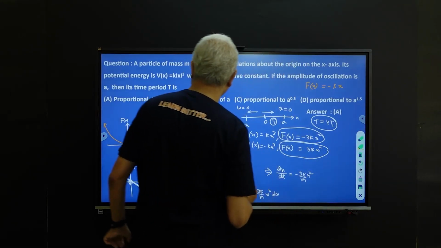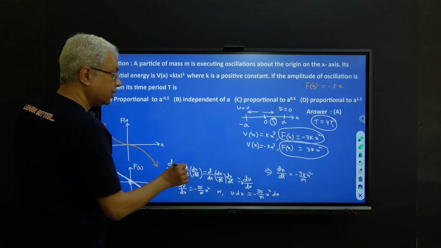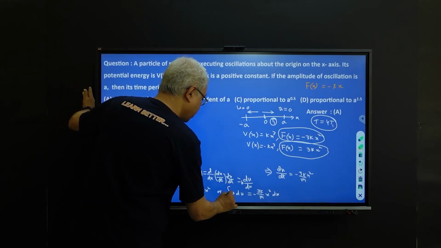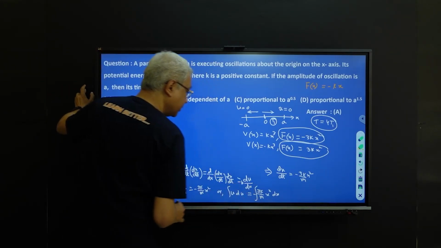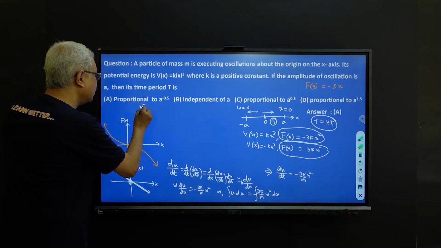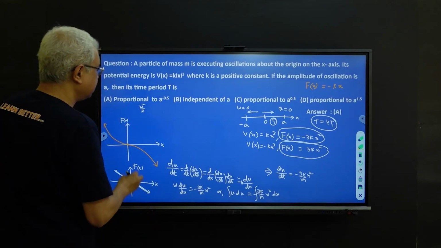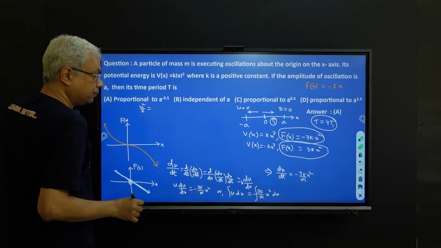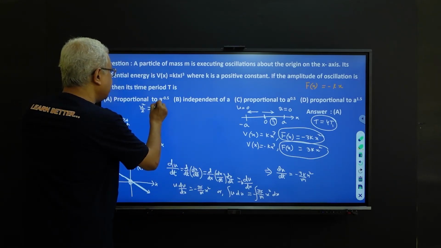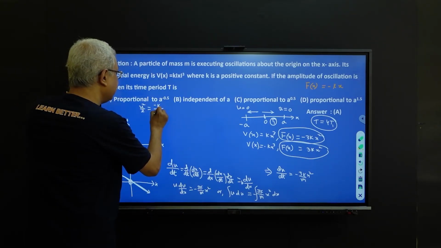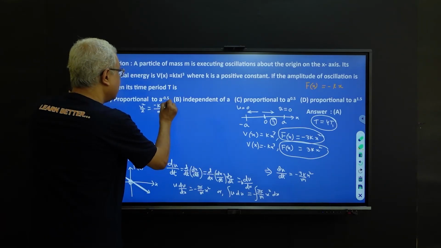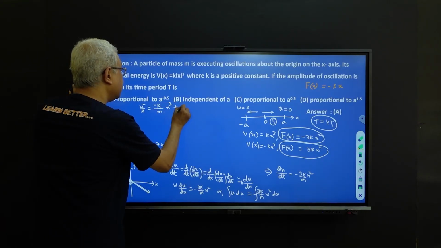If you integrate this expression on both sides, so what happens? It is u square by 2 is equal to minus 3k by m x cube by 3, so it becomes minus k by m x cube plus some constant of integration a.